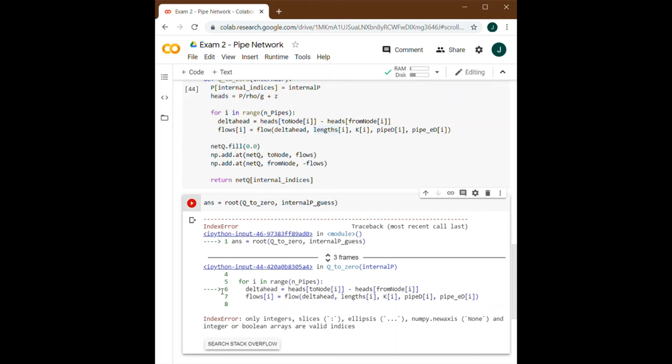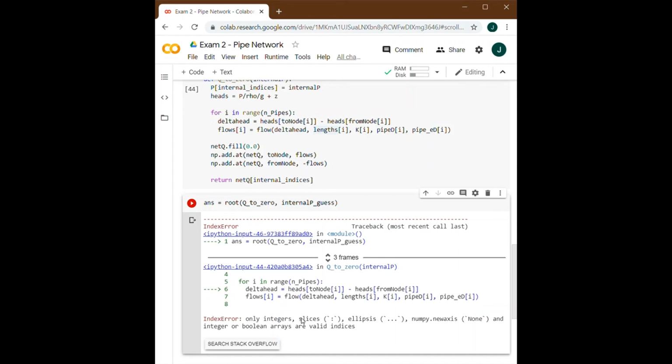So let's take a look at this error. We have an error in this line, of course, and the error comes all the way back up to here, and it says our delta head equals heads to node I, heads from node I. Now, our error is an index error, which states that whatever we're using to index doesn't work.